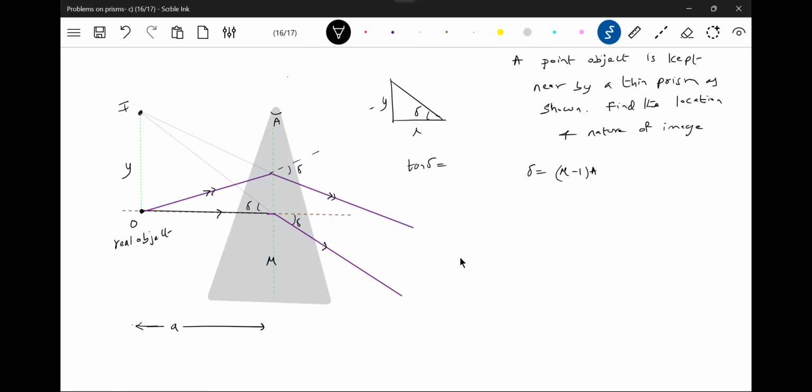Tan delta equals y by L. So for small angle, delta will be small, a few degrees. Look at this triangle here. Therefore this will become y by L. What is y equal to? (mu minus 1) A into L. Substitute here, and substitute all angles of the prism, everything, in terms of radians.